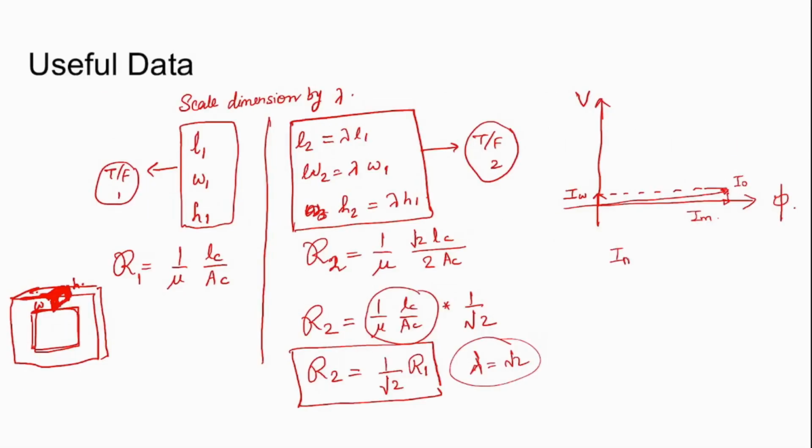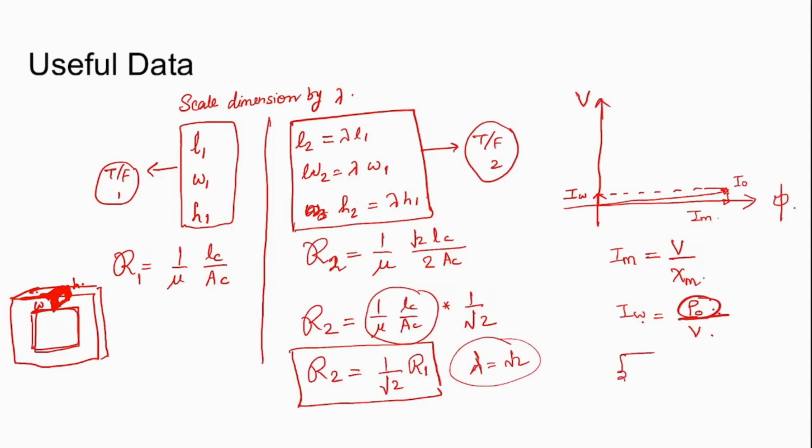So Im equals V by Xm and IW equals P0 by V, because voltage into current is the actual power in watts.